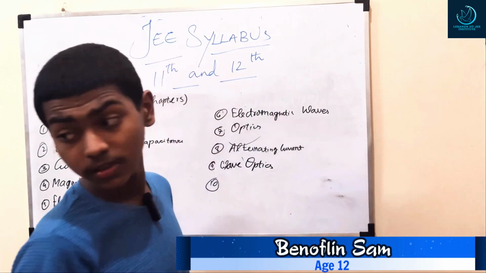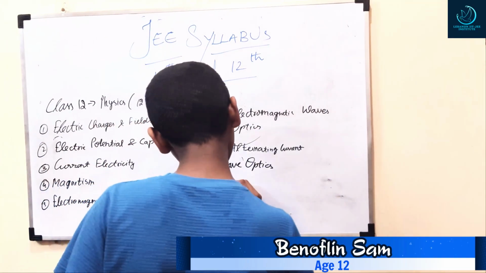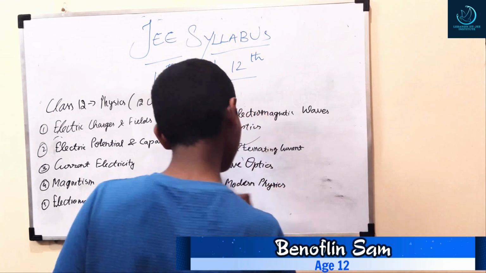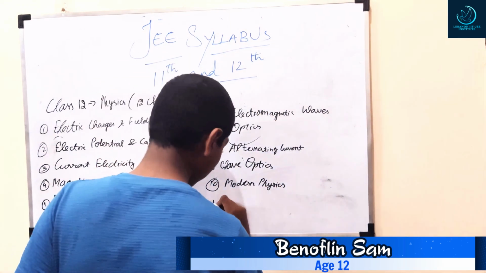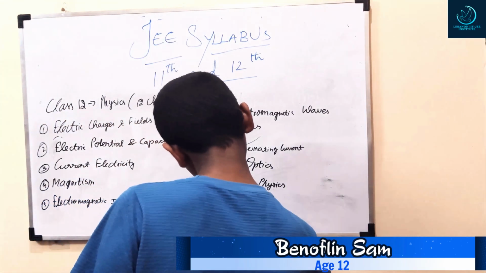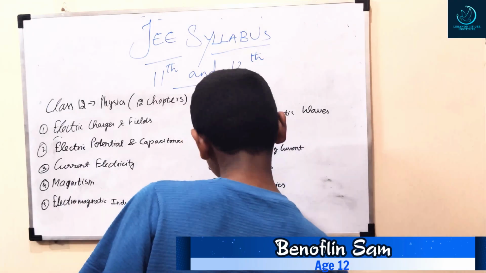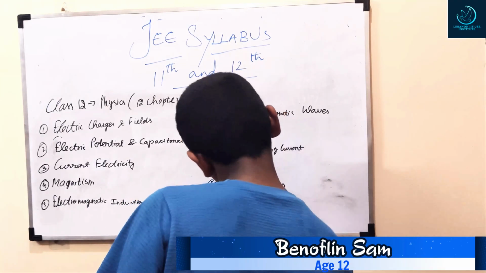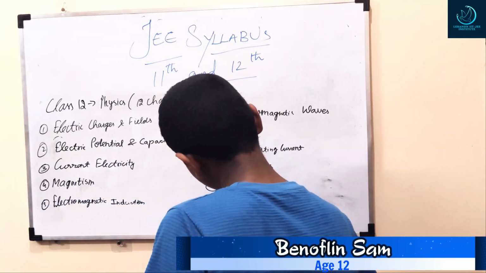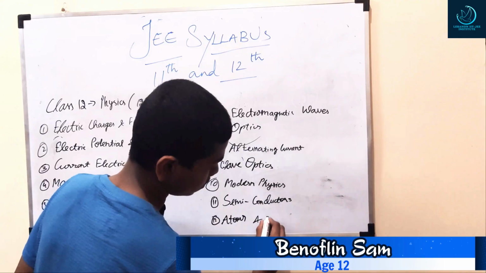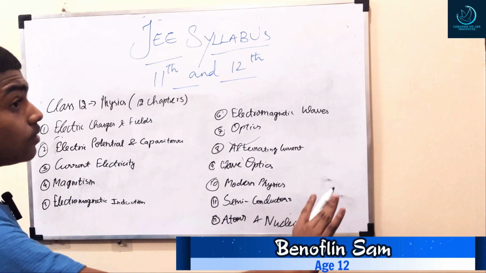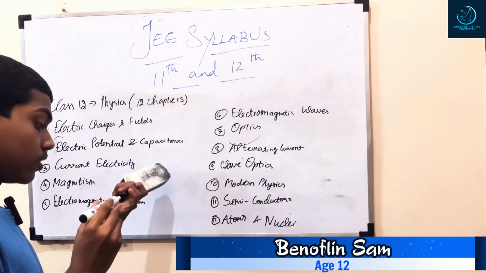So 10th one is modern physics. 11th one you're going to see is semiconductors. So the 12th one, last but not least, atoms and nuclei. Okay, these are all finished for physics.